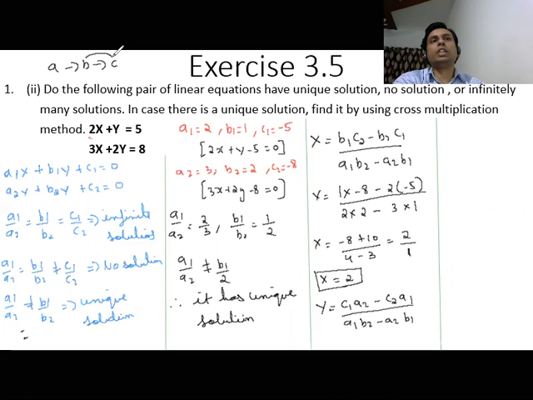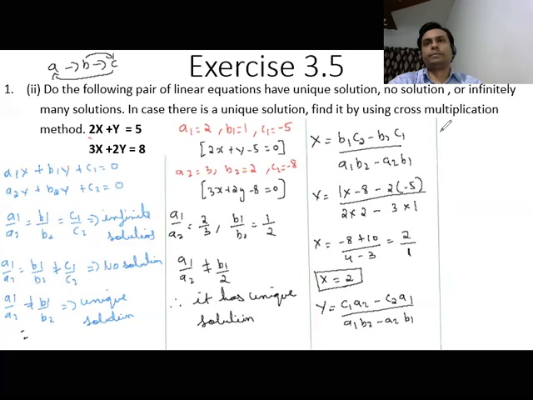If you start with b, go to c. If you start with c, go to a. The denominator is the same, a1 into b2 minus a2 into b1.